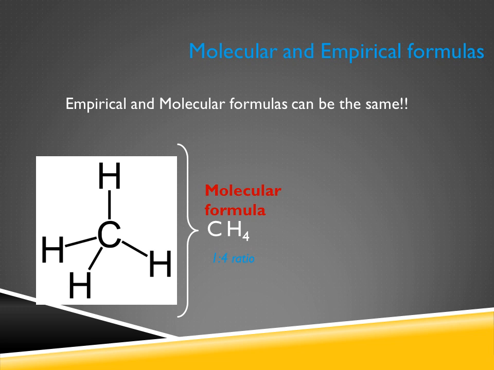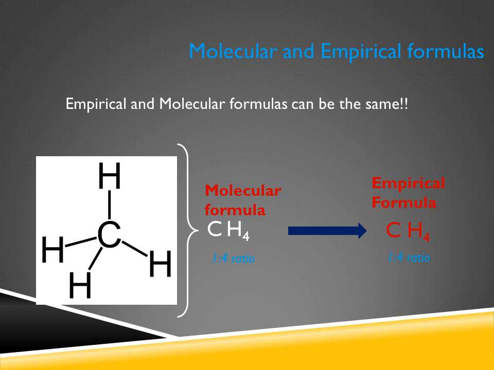The most common number between the carbon and the hydrogen is actually 1. So if I divide everything by 1, my empirical formula should still end up as CH4, a 1 to 4 ratio. In this case, I couldn't bring it any further down. I couldn't make it a simpler ratio because it is already at its simplest ratio. So here is an example where your molecular formula and your empirical formula are exactly the same.